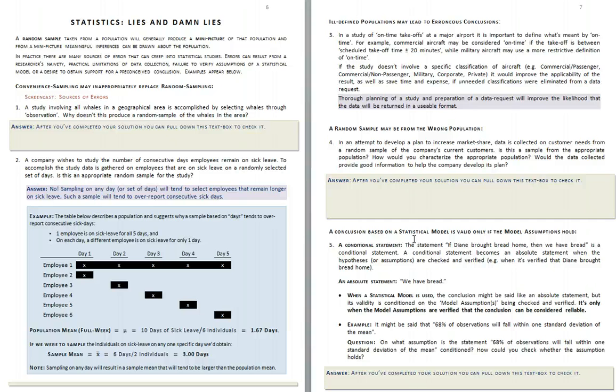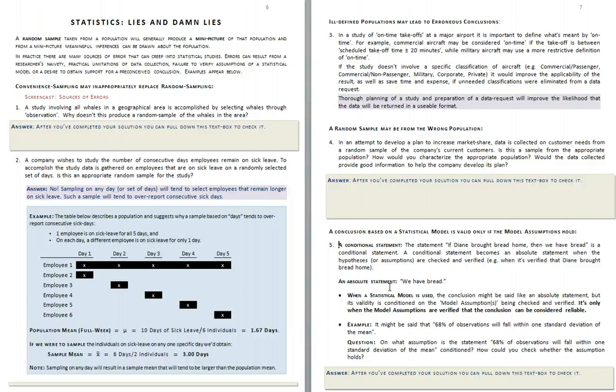Let's carry those rather simple thoughts over to statistical models. When a statistical model is used, the conclusion might be said like an absolute statement, but its validity is conditioned on model assumptions that need to be checked and verified. It's only when the model assumptions are verified that the conclusion can be considered reliable.